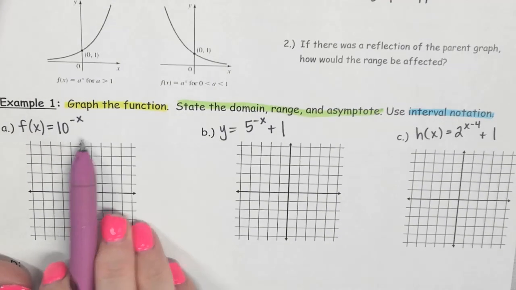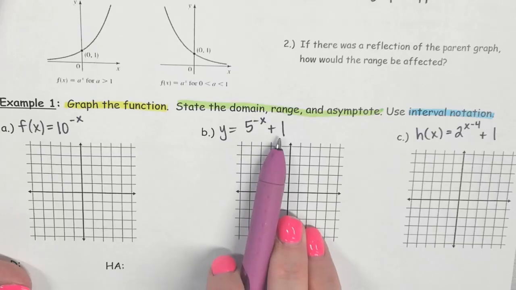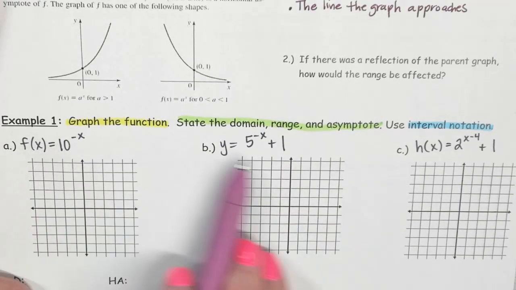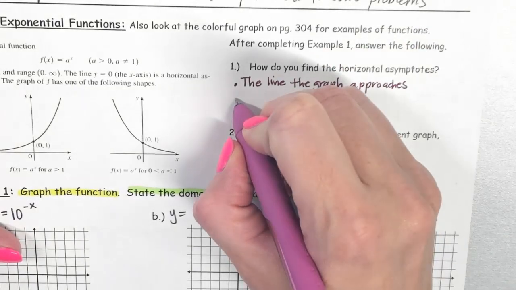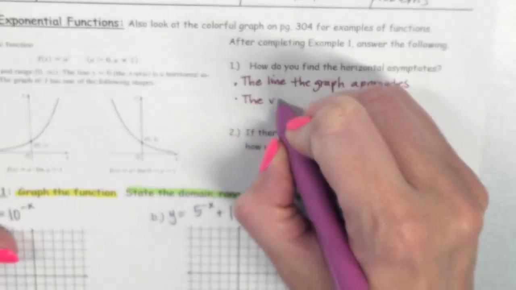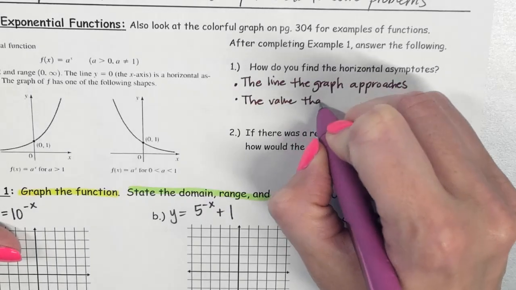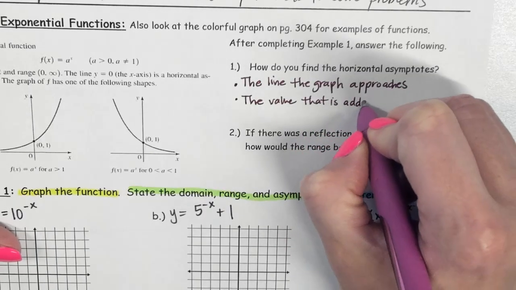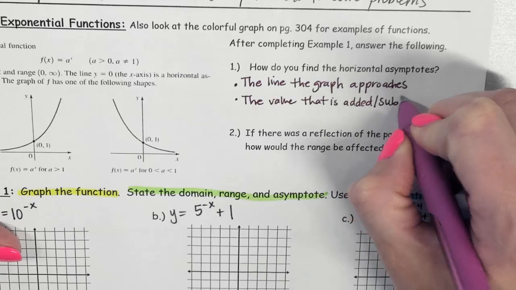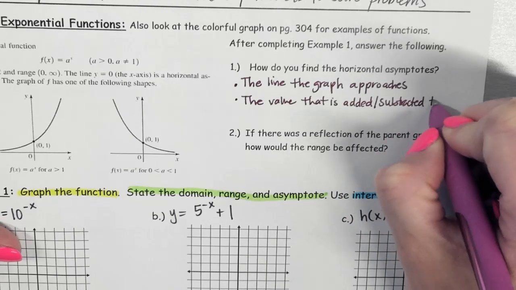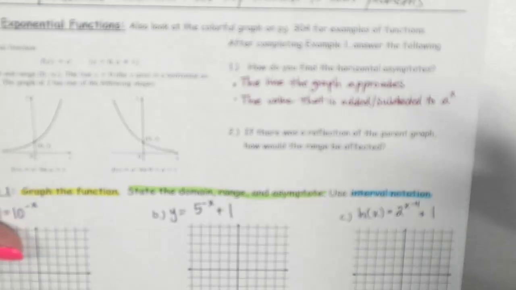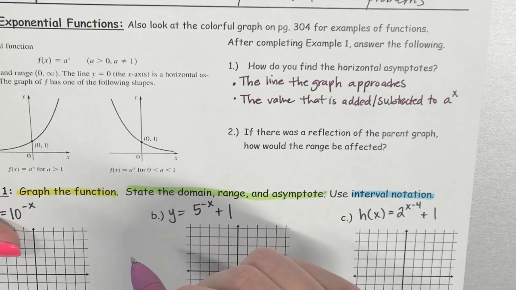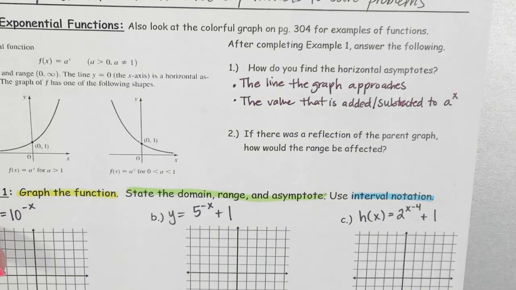Okay, and then you may have also noticed it is going to be equivalent to whatever is added to the exponential function. So the value that is added or subtracted to, and we'll just say a to the x, that's the exponential part. Okay, that is the horizontal asymptote.